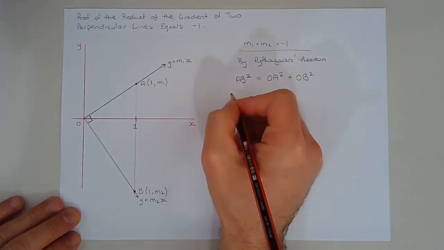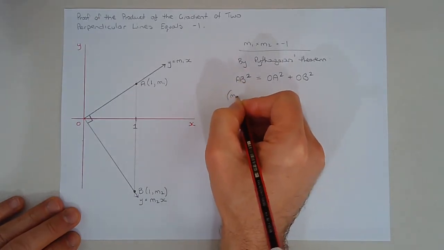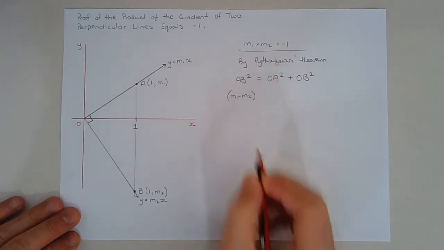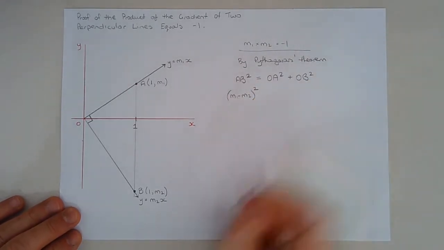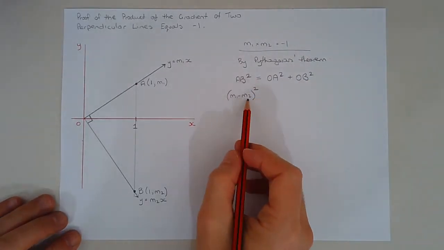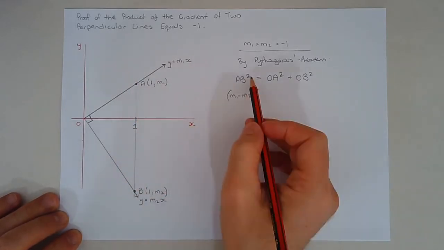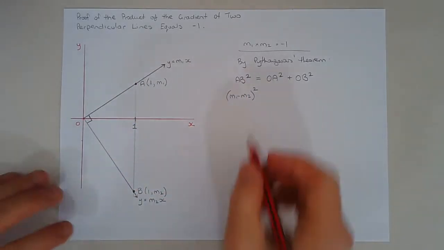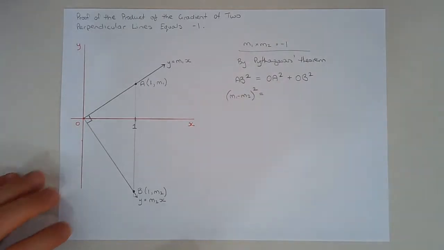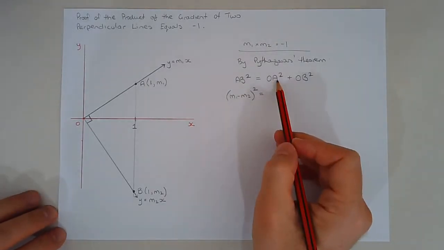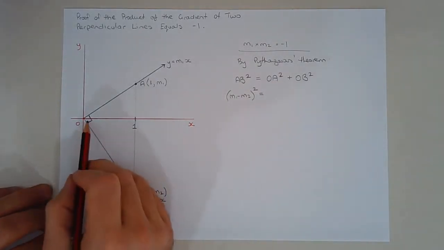So AB squared is given by m1 minus m2, all squared. That's the hypotenuse squared, and it is equal to OA squared. Let's see what that is.